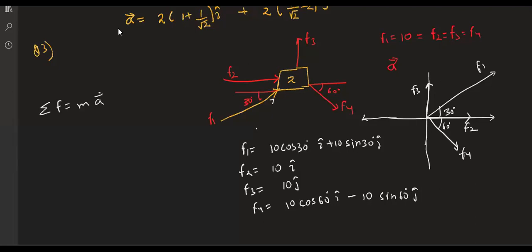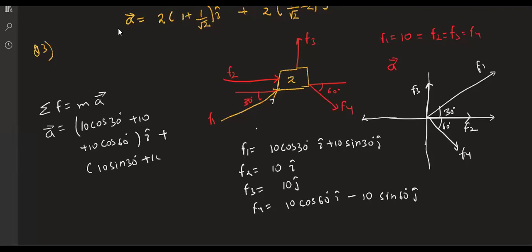So acceleration is equal to the net sum of all the forces: 10 cos 30 degree plus 10 cos 60 degree i cap, plus 10 sin 30 degree plus 10 minus 10 sin 60 degree j cap, divided by 2, into a vector.